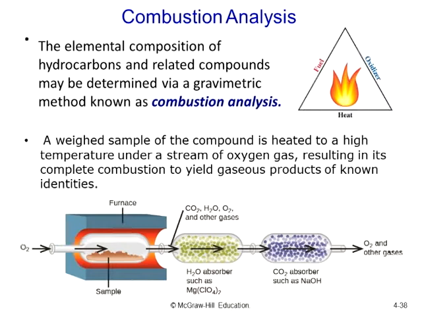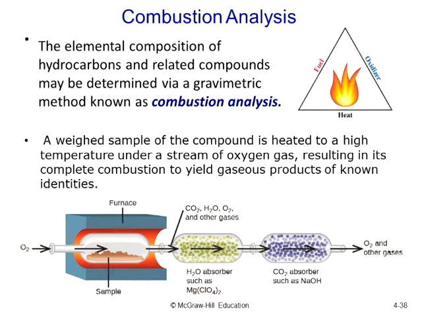In the laboratory, a weighed sample of the compound is heated to a high temperature under a stream of oxygen gas. Oxygen is the oxidizer, the compound is the fuel, and the furnace is the heat source. This results in complete combustion to yield gaseous products of known identities.